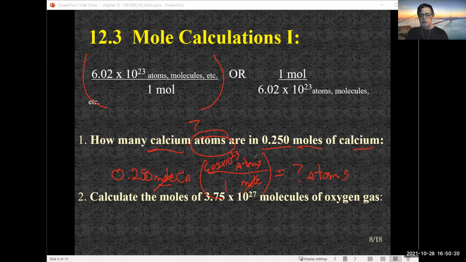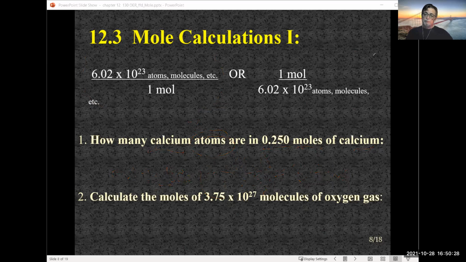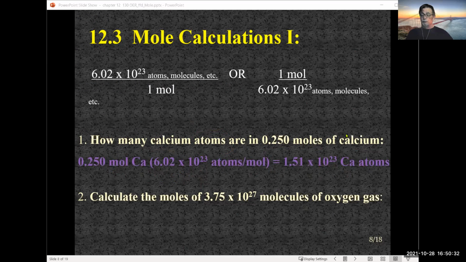My units cancel. I have the units I'm looking for. Plug your numbers into your calculator, and you should end up with roughly a quarter of Avogadro's number, which is 1.51 times 10 to the 23rd calcium atoms.